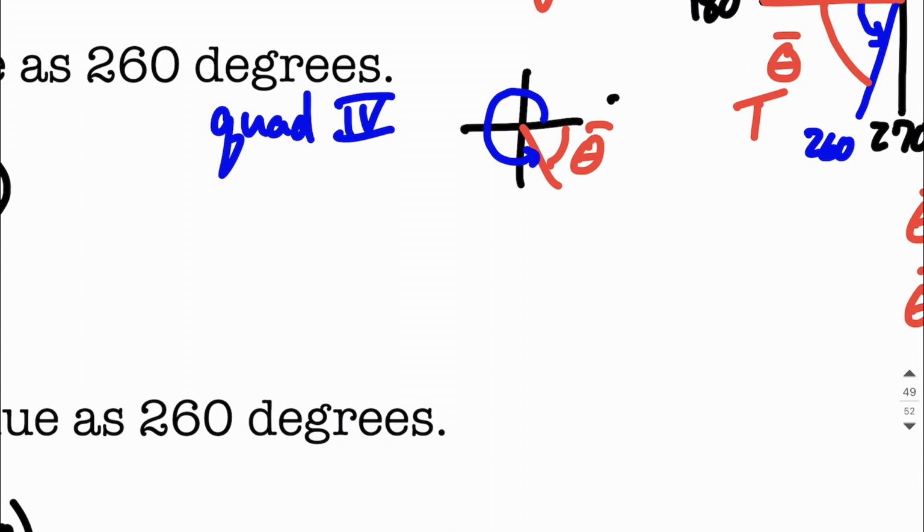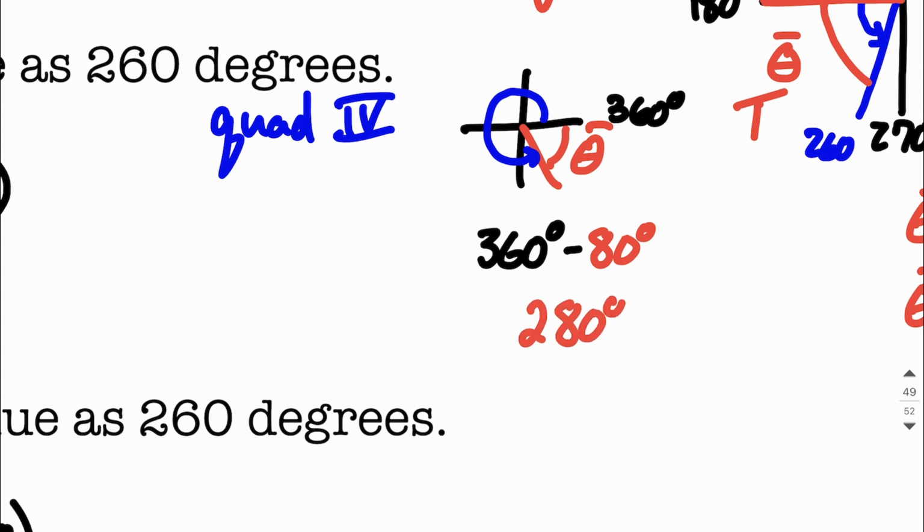So I'm going to start out with the x-axis value, which would be 360 degrees, and I'm going to subtract away that reference angle, which we said was 80 degrees. So overall, we're looking at 360 minus 80 is going to be 280 degrees.